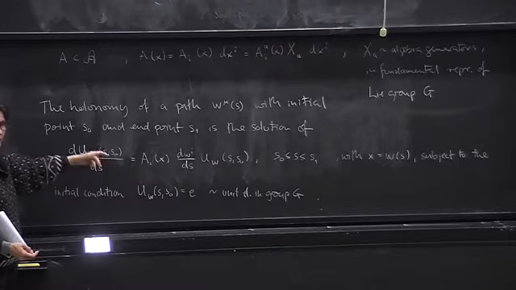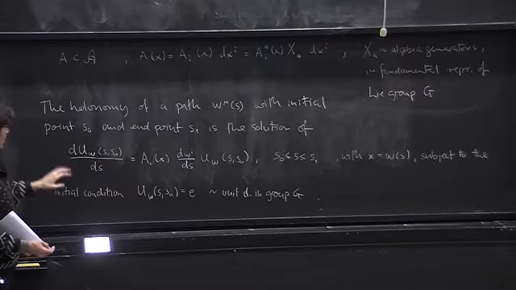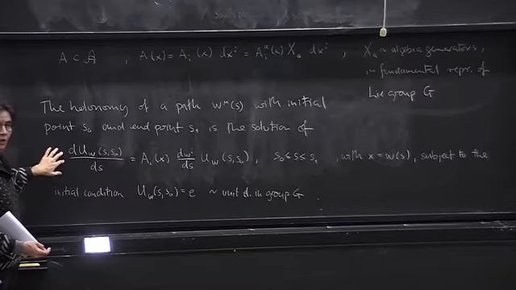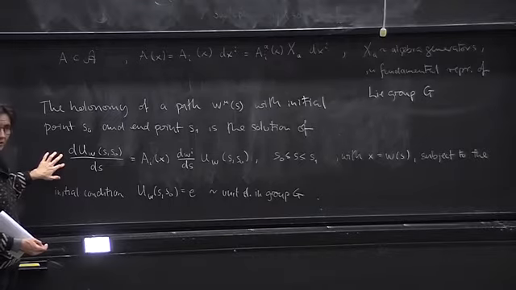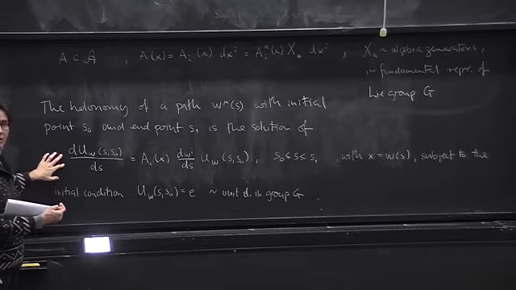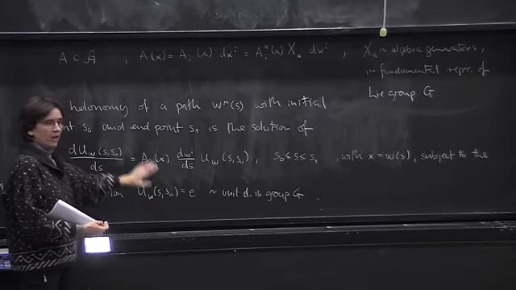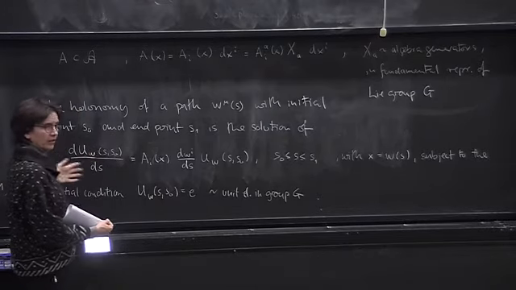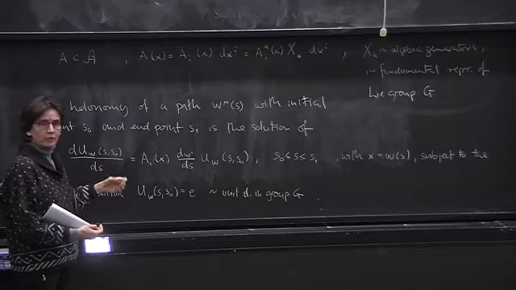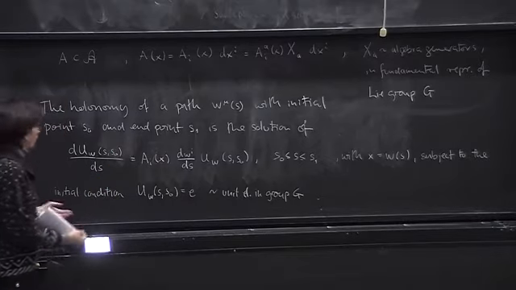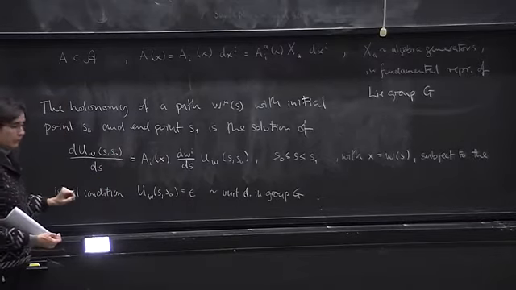So it's a function of one variable. I'm writing down a first order differential equation for this object. And I know that solutions are unique once I fix initial conditions, and the initial condition I fixed here. So I define the holonomy object just as the unique solution of this equation.